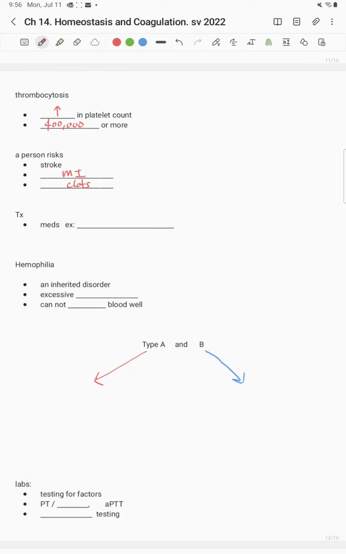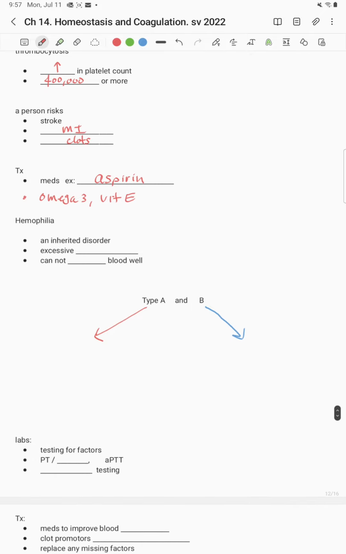Treatment would be medications, an example would be aspirin. You can also do your natural things like omega-3 and vitamin E. These things also can help prevent platelet aggregation.